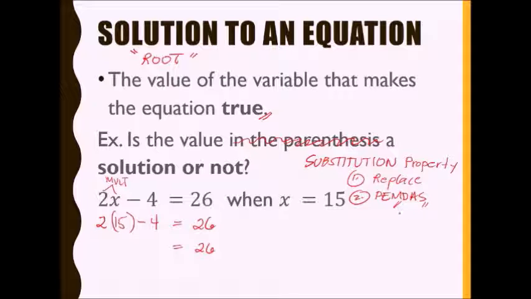Okay, so 2 times 15 is 30, bring down 4, and 30 minus 4 is 26. So always remember that when you have equal quantities on the left and the right side of the equation, therefore your given value is a solution.